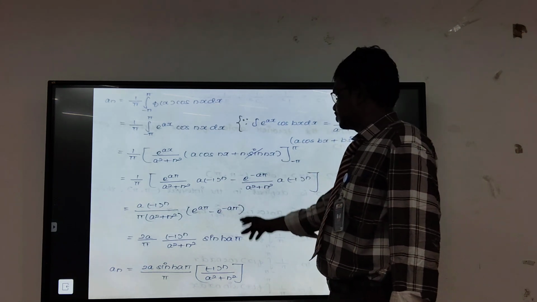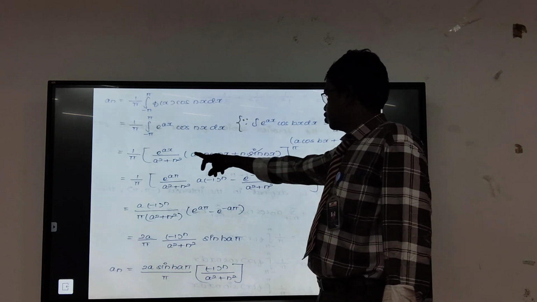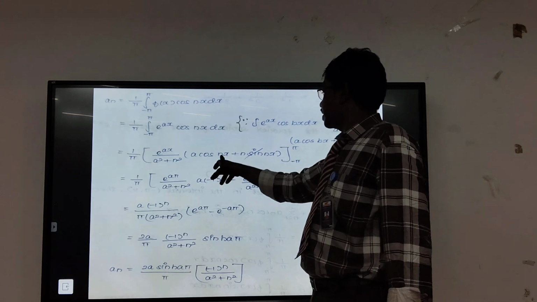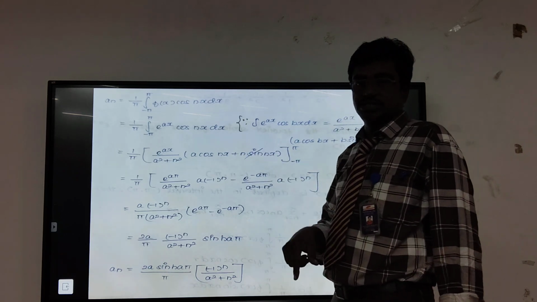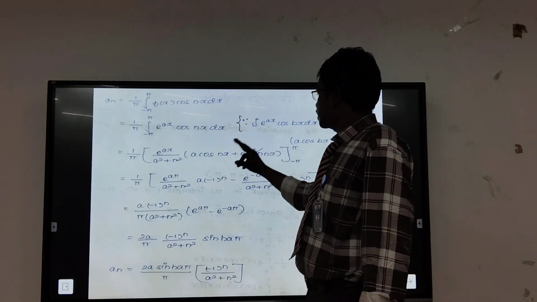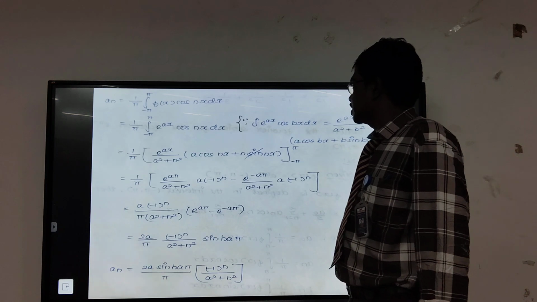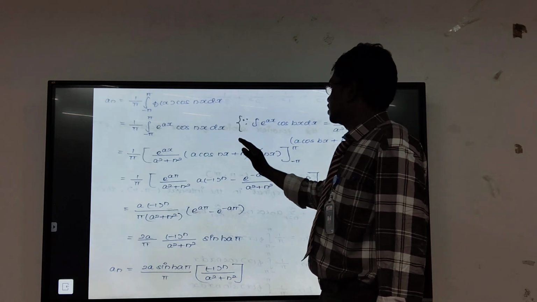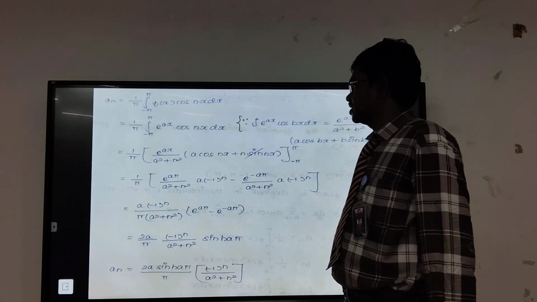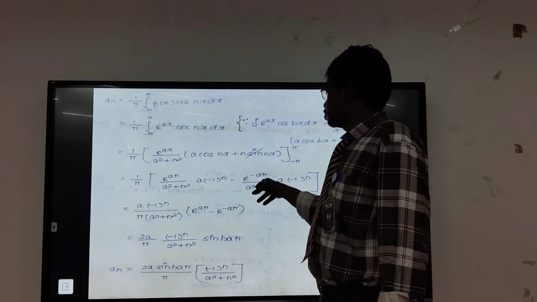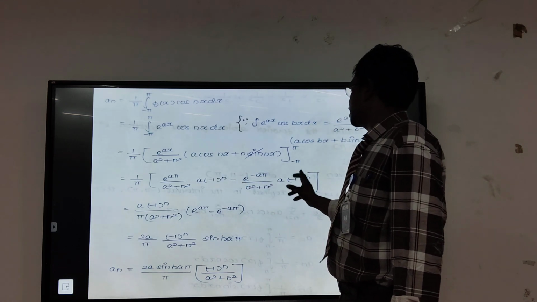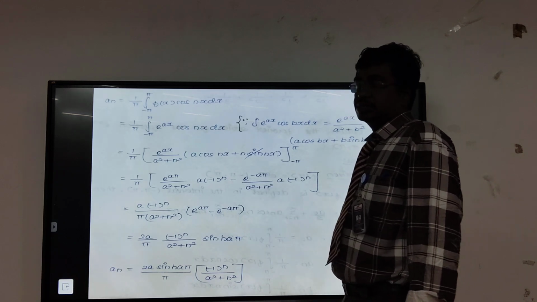For the lower limit, the formula is minus e power minus a pi by a square plus n square, using minus pi. Cos of minus theta is cos theta, but sin of minus theta is minus sin theta. Here cos of n times minus pi is cos n pi, therefore this is also minus 1 power n. What are the common terms in these two terms? A, minus 1 power n, and a by a square plus n square.